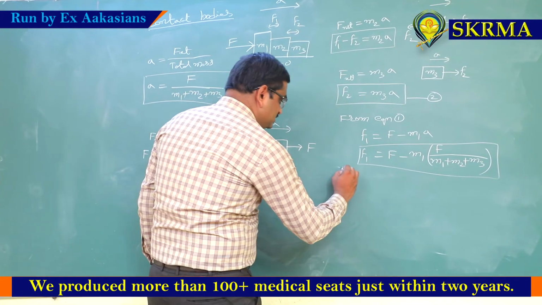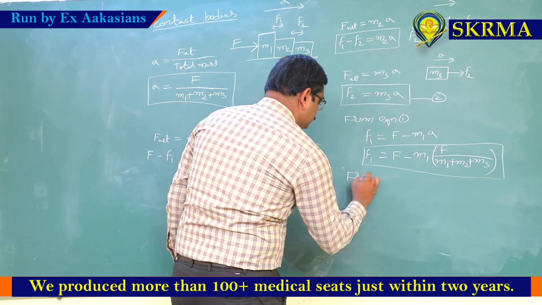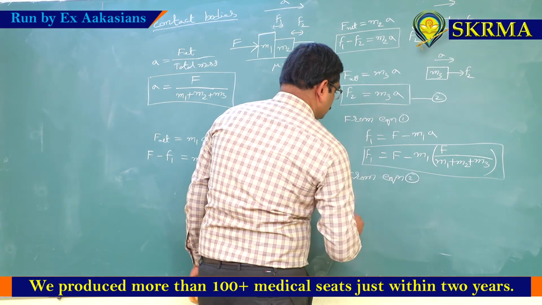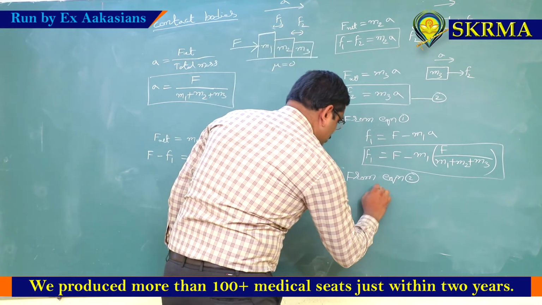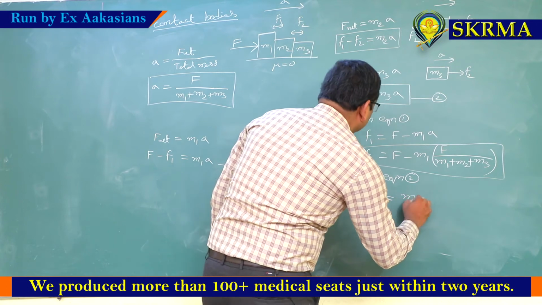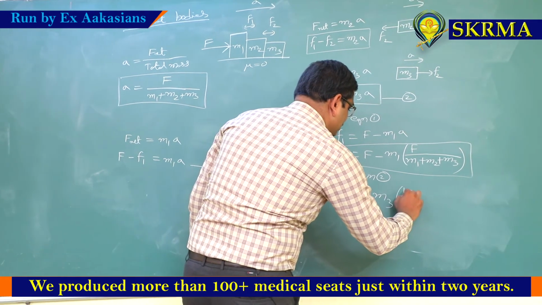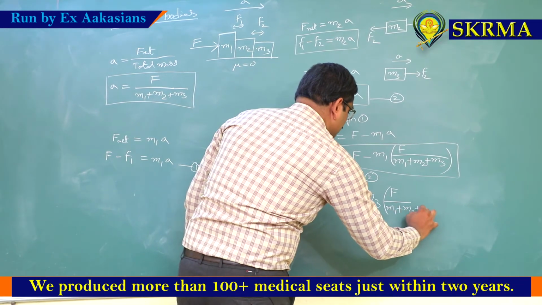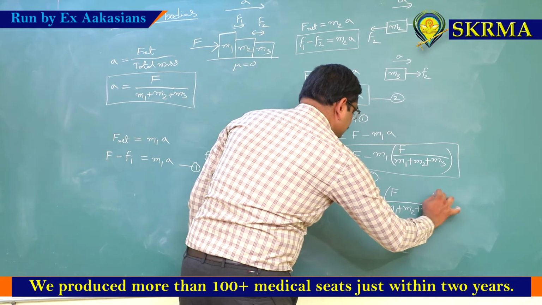Next, from equation number 2, the second contact force F2 can be written as m3 into acceleration. And acceleration is F by m1 plus m2 plus m3.